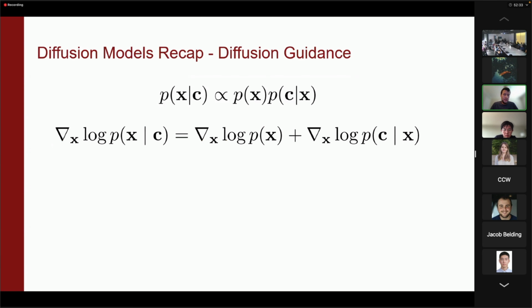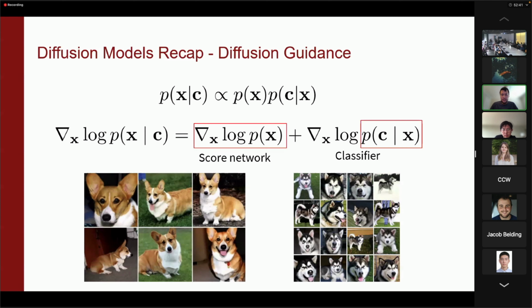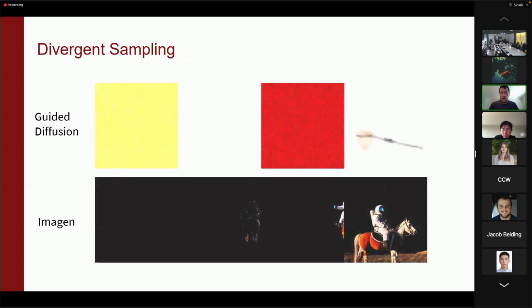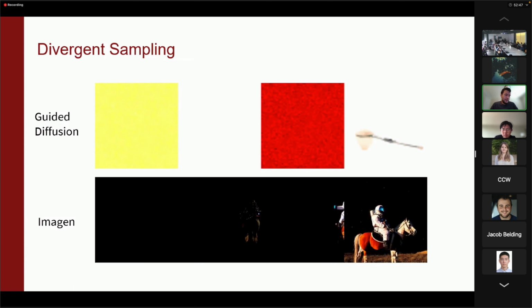As a recap, we often want to use these diffusion models in a guided way where we combine a prior and likelihood. And what can happen is that things can go wrong. These are some examples from the Imagen paper, in the appendix. Imagen is one of the diffusion models that was trained by Google.